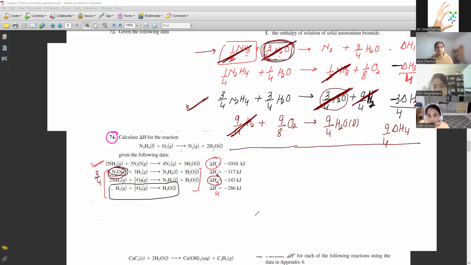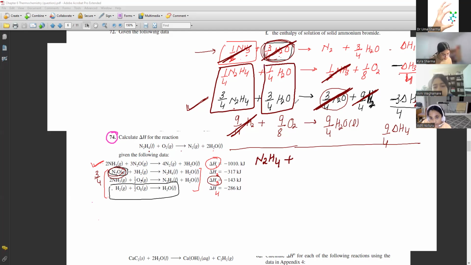Now add this. Can you check how much water is on this side?